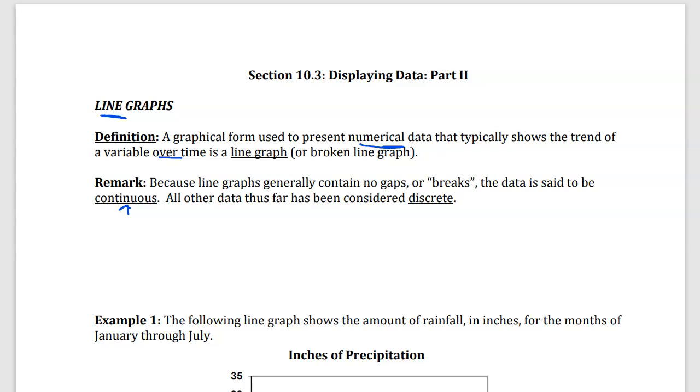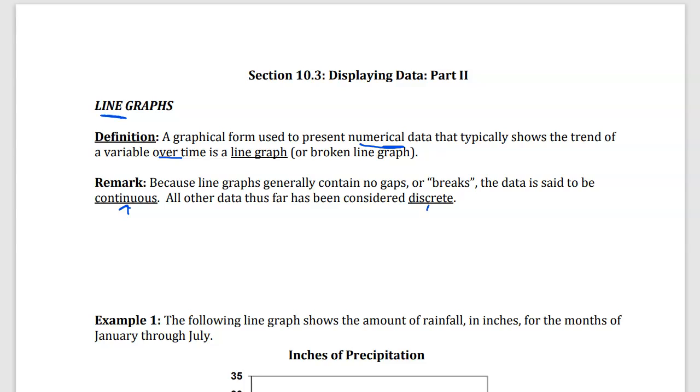So things that are measured, such as height and weight. You're not just 5 foot 6 inches. You could be 5 foot 6 inches and a fourth, 5 foot 6 inches and a half. Anything between 5 foot 6 inches and 5 foot 7 inches.